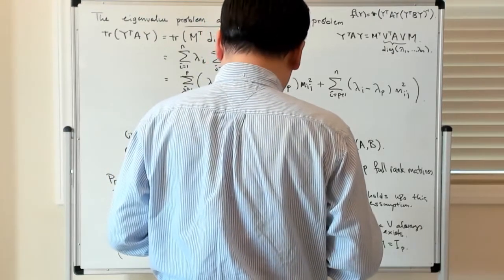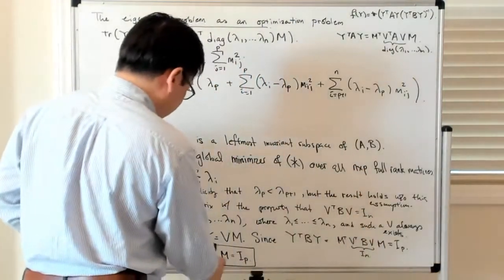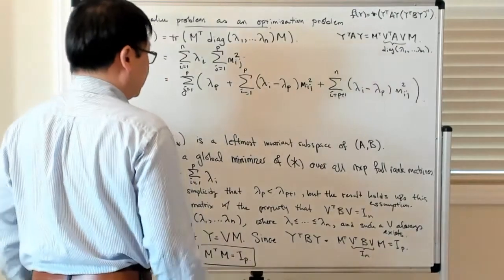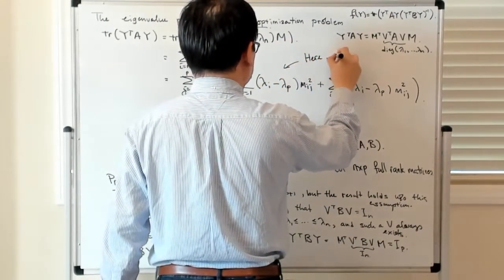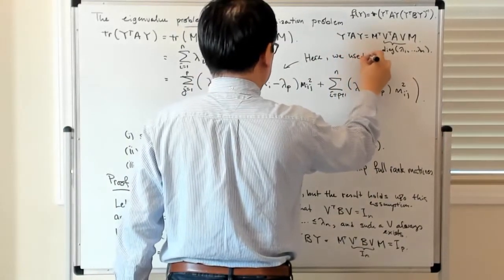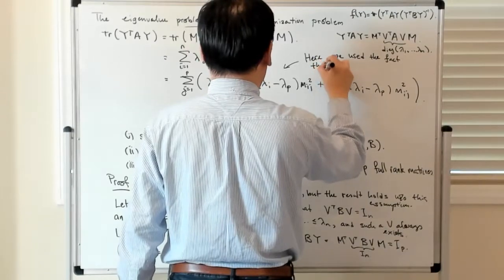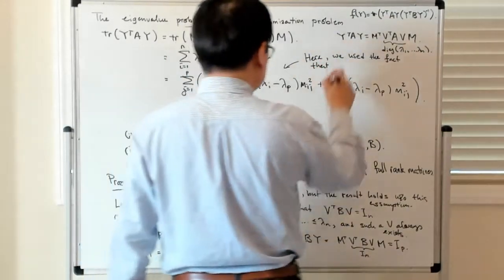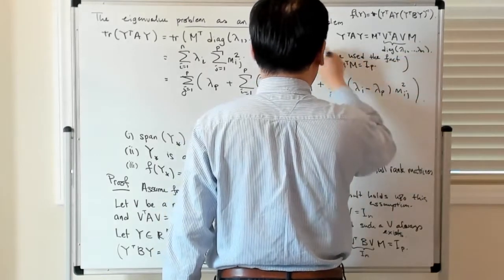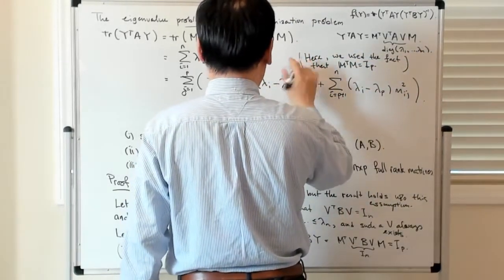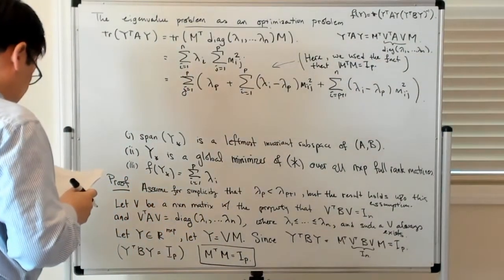I'm also using the fact that M transpose M is I_p, right? So here we used the fact that M transpose M is I_p. Well, I mean here generically, right? Okay, all right.